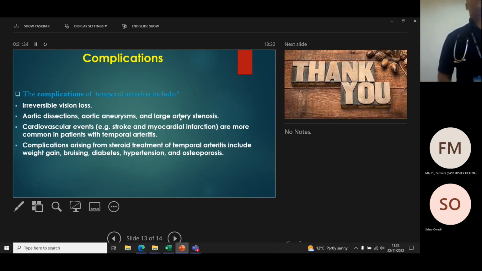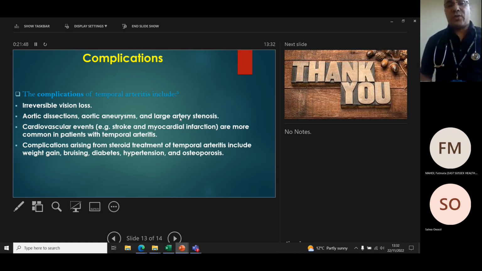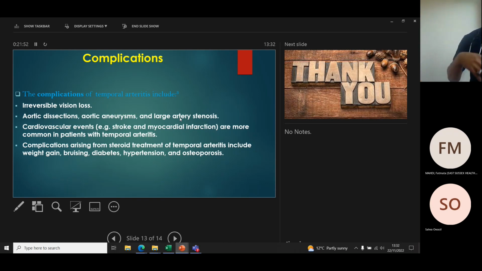Complications: what complications can be associated with GCA? If not treated properly and in proper time, GCA can be complicated by irreversible loss of vision. It also can be complicated by aortic dissection, aortic aneurysm, and large artery stenosis, if it involves arteries like the aorta or carotid artery.